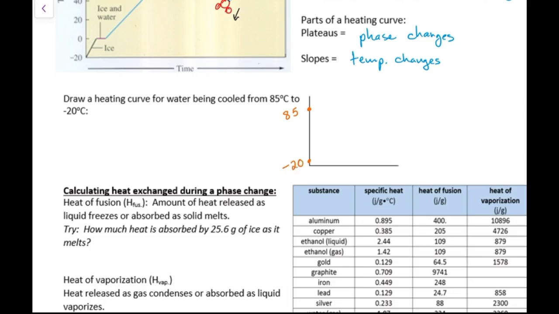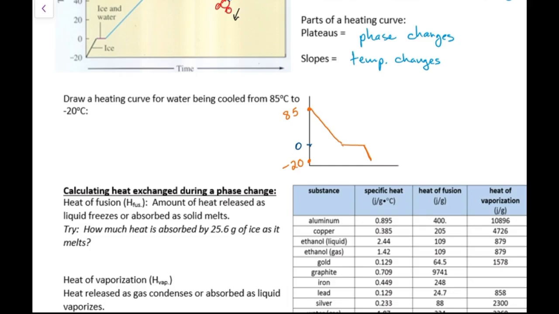In other words, is it going to go straight from 85 down to negative 20? And you should say no, because what happens in between? Well, at 0 degrees Celsius, you have a phase change, right? So you already know that there is going to be a slope as it gives off heat and cools down to the freezing point, but then once it hits that freezing point, it's going to plateau for a while before it continues down to negative 20.